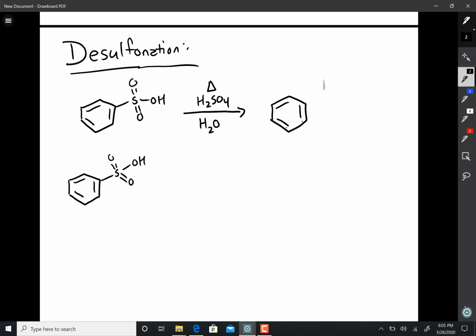And so this is a little bit unusual that we are going to actually protonate the benzene ring, only we're not going to protonate it at the ortho, meta, or para position. Instead, we are going to protonate at what's called the ipso position. That's the carbon attached to the group itself. Ipso. That's fun to say.